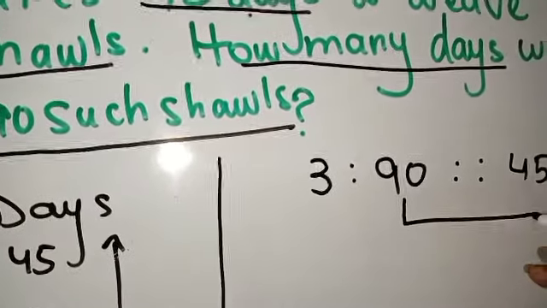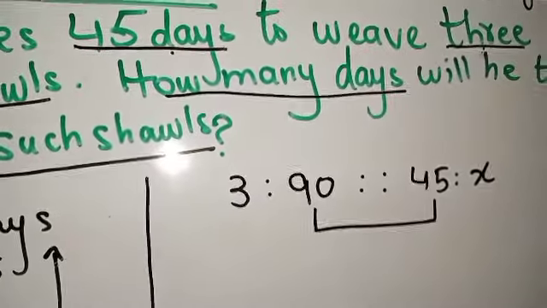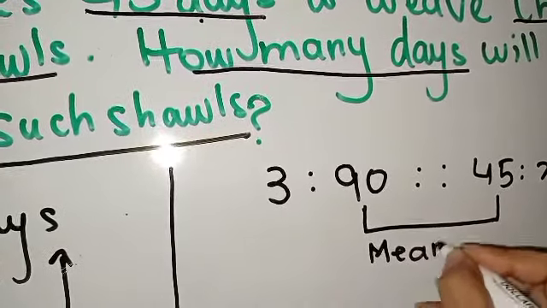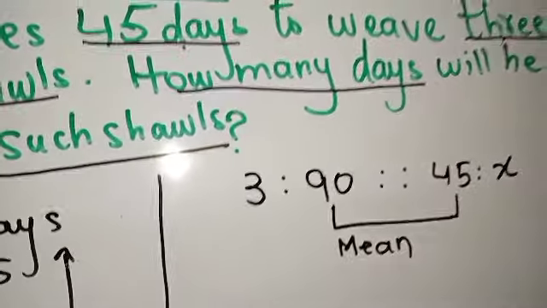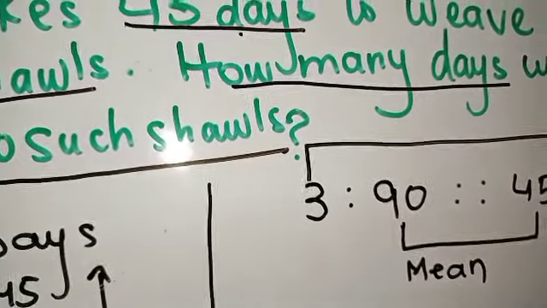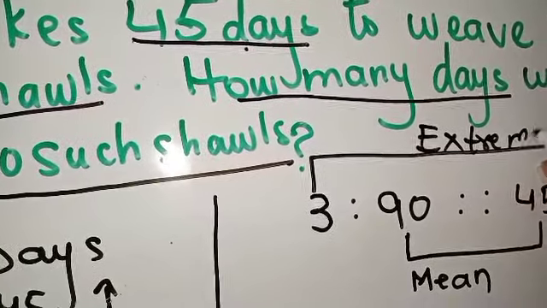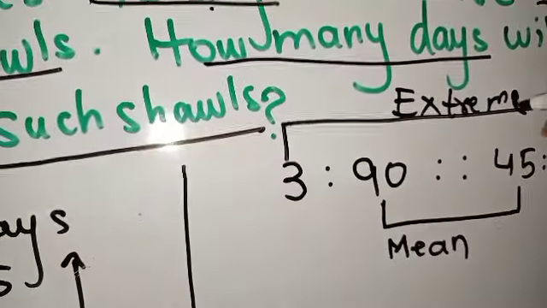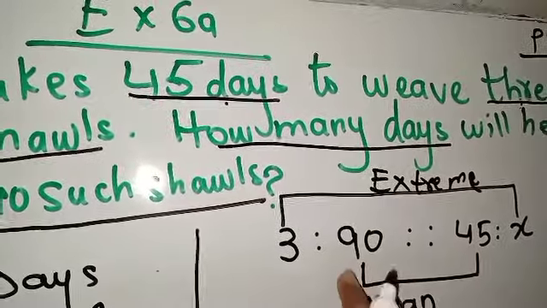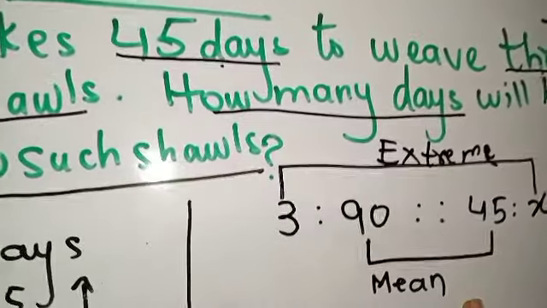This middle term, if you remember when I was explaining continued proportion, is known as mean. And the first and last terms are known as extreme. You will write down: first and last terms are known as extreme, and second and third are known as mean.